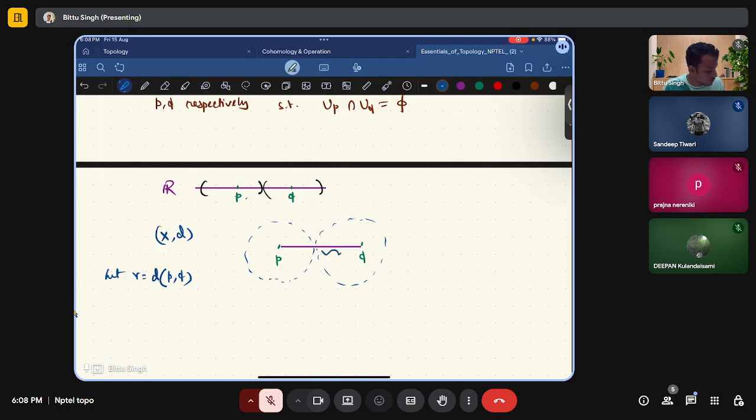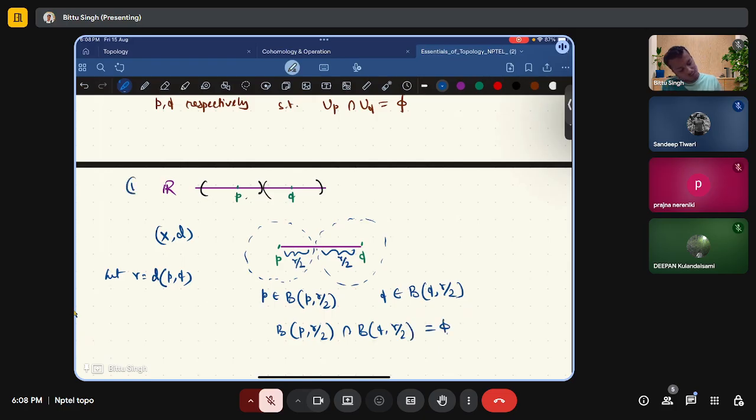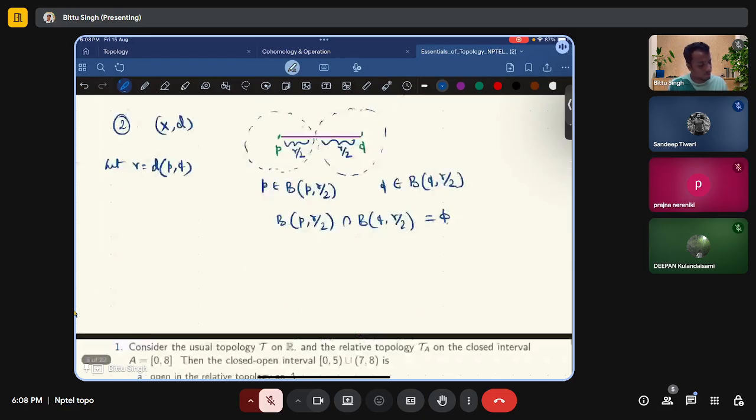You can easily verify that P belongs to B(P, r/2) and Q also belongs to B(Q, r/2) by definition. And the interesting thing is that their intersection is empty. So those are some standard examples.